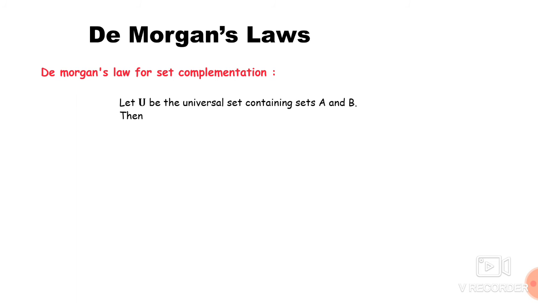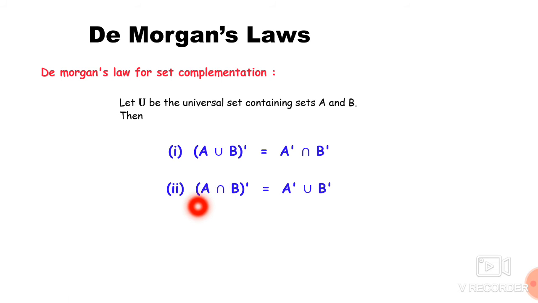According to De Morgan's law, let U be the universal set containing sets A and B. Then De Morgan's law is A union B whole complement is equal to A complement intersection B complement. Second part, A intersection B whole complement equals A complement union B complement.